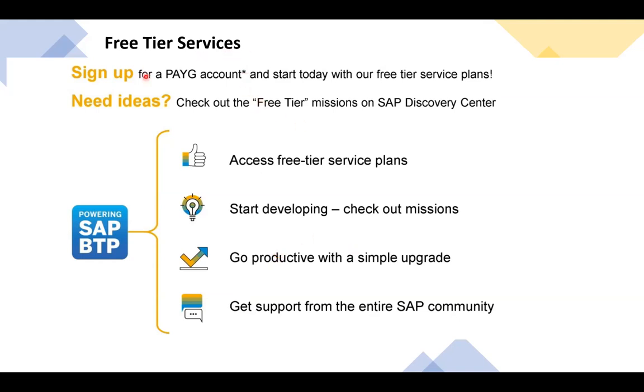That's the reason we have free tier services. There will be a nominal cost for hyperscalers. These services will be provided on the hyperscalers wherever possible, and we can build our prototypes without limits, and those prototypes can be converted into the real licensed BTP and enterprise versions.